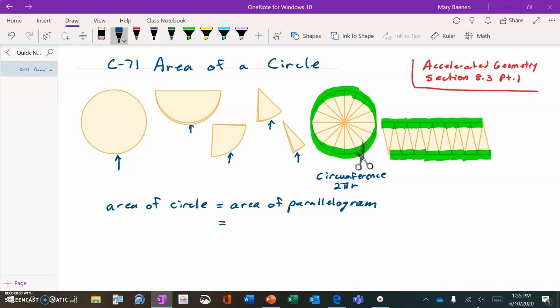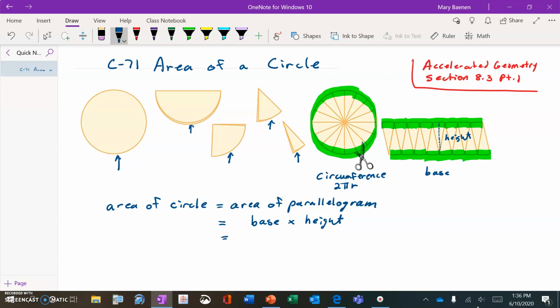The area of a parallelogram, we've talked about that, is the base times the height. This would be its base, and a perpendicular distance from one base to the other would be considered the height.